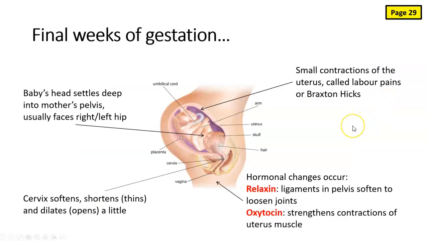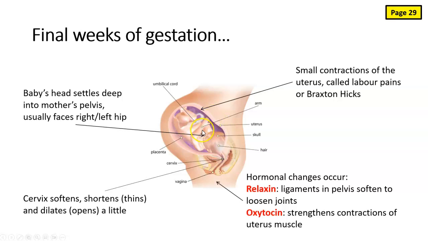Okay, so when we start looking at parturition, we're looking at what occurs inside the female body first of all. You can see that the uterus has enlarged a great deal because, remember, it's made of muscle, so it's able to stretch.